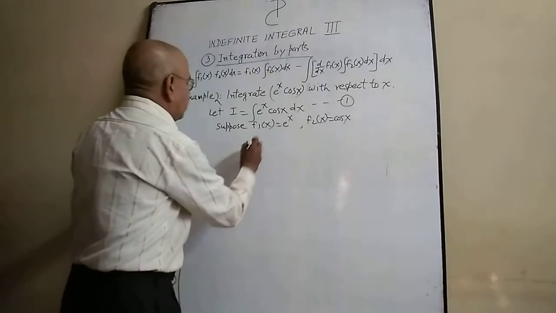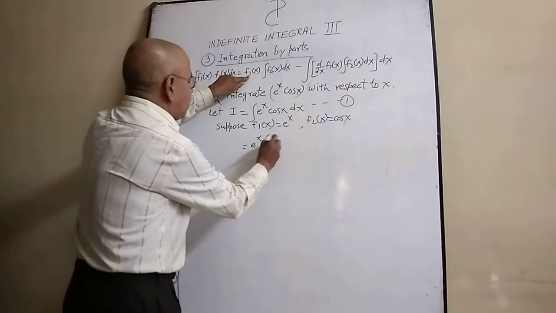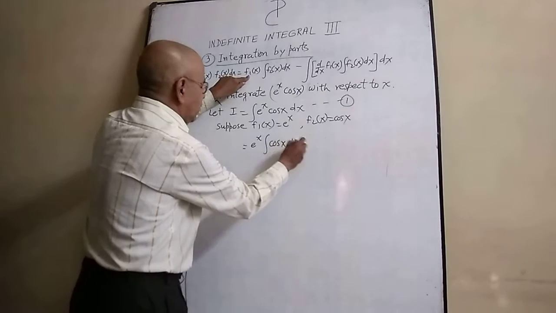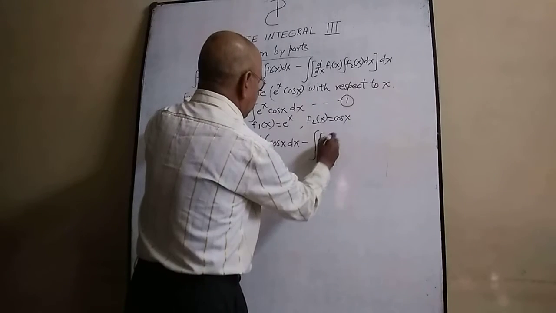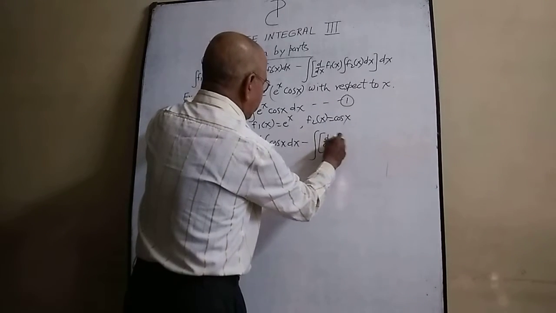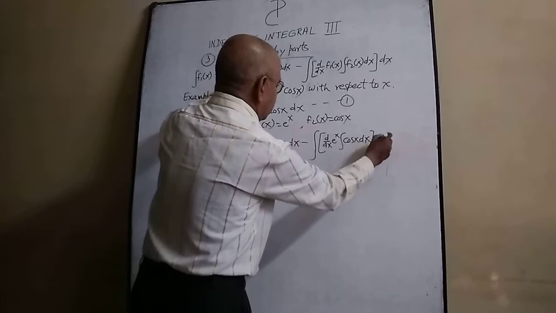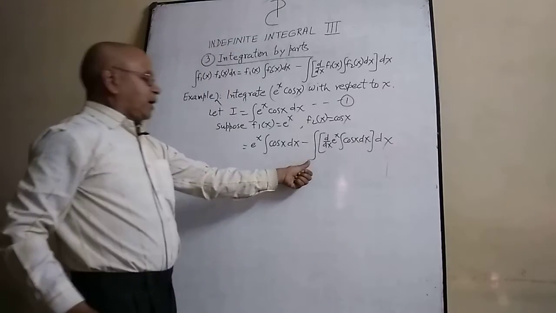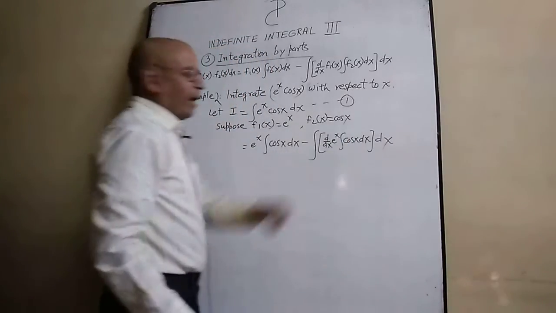Now this is equal to the first function, e to the power x, times the integration of cos of x dx, minus the whole big integration of d by dx of e to the power x times the integration of cos of x dx, and this big integration sign with dx is separate from this big bracket.